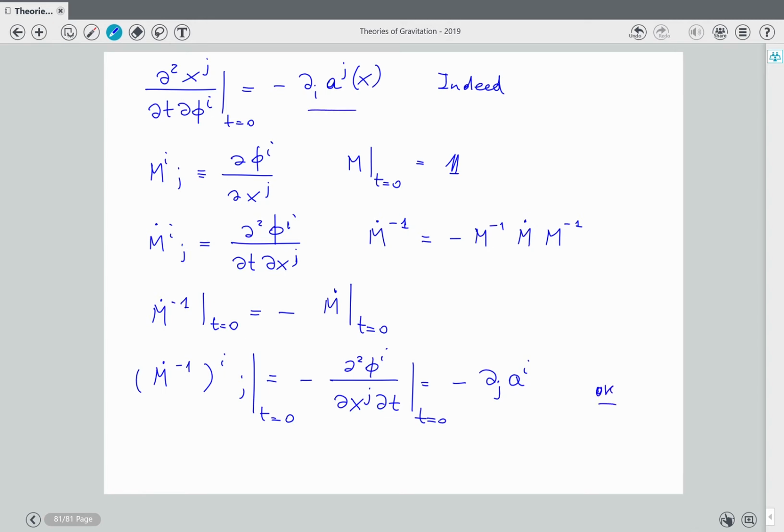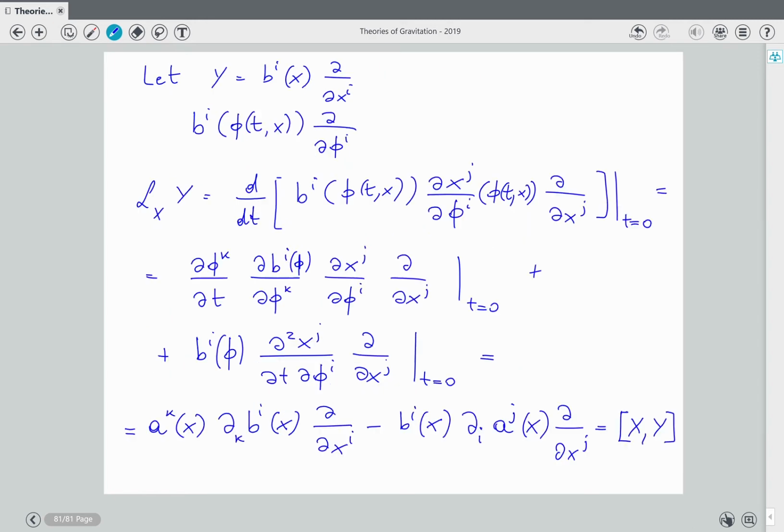This is minus partial I aj, this is minus partial j ai. And I recall that this is precisely the expression of the commutator of two vectors in local coordinates. You can check it from previous lectures. So that is precisely the Lie derivative.